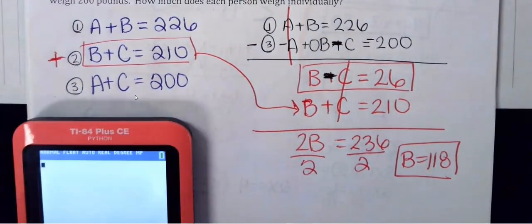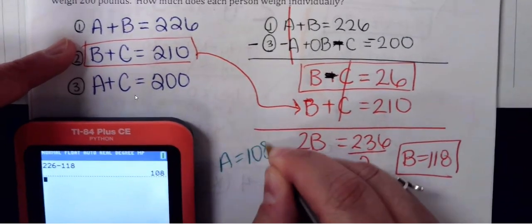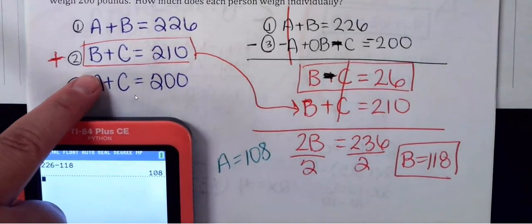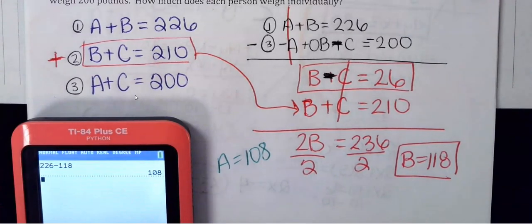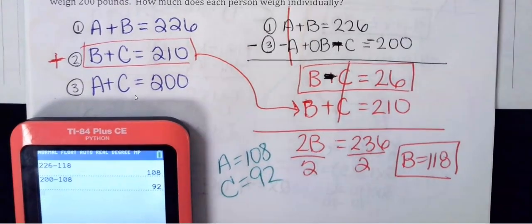So Bob and Anna weigh up to 226. So if I just take the 226 minus Bob, Anna's going to be 108. And if I know Anna and Chris together weigh 200, I could just do 200 minus the 108. And Chris is going to be 92.